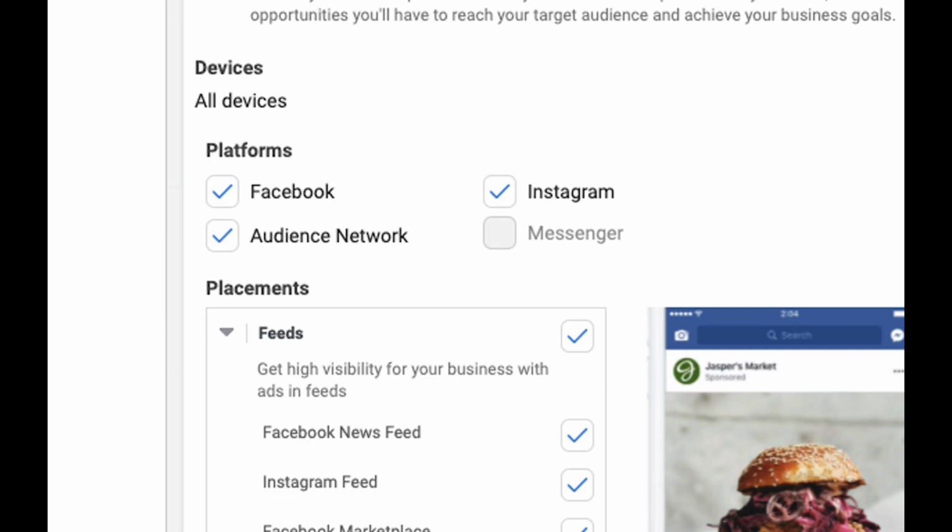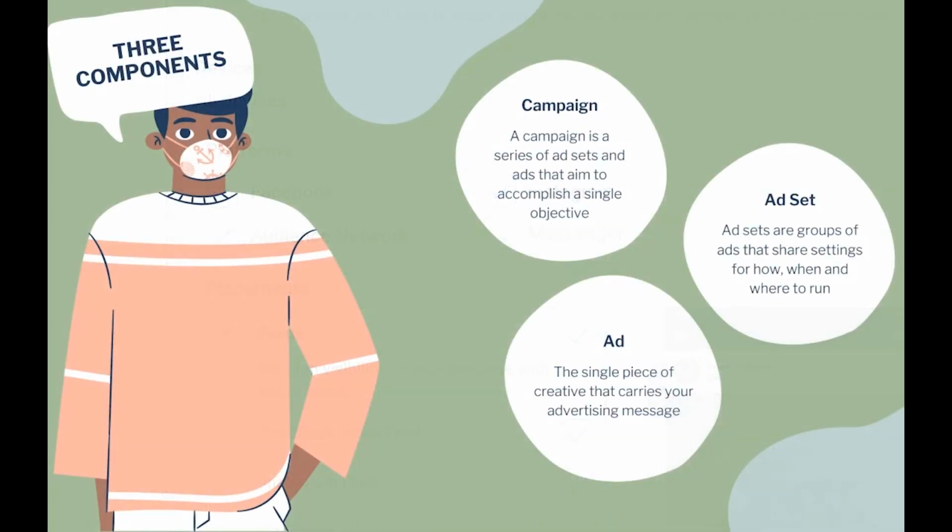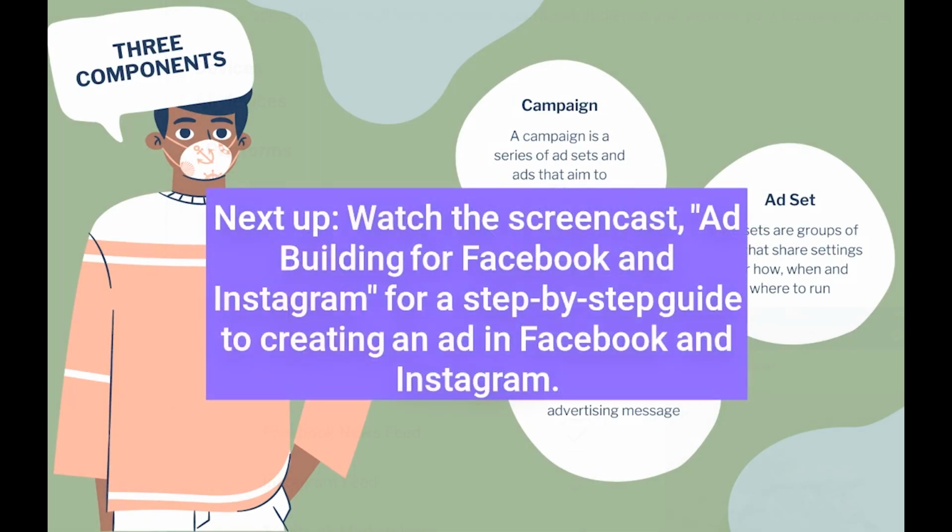I think if you're just starting out with ads, it's best to just start with Facebook and Instagram to keep things a little simpler. That's just a little exploration of some of the broader thinking around how to build a campaign and thinking about objectives, and then some more nitty-gritty details on ad sets and how ad sets work.